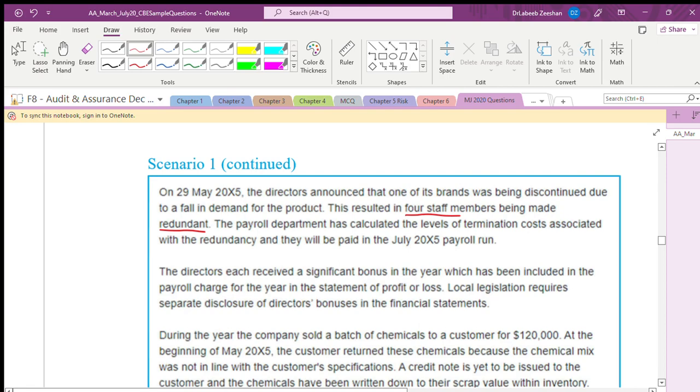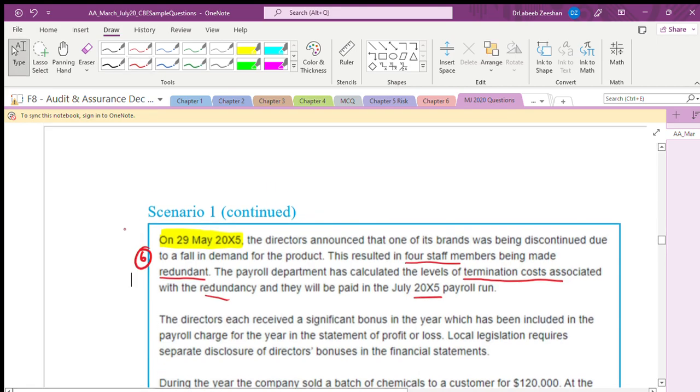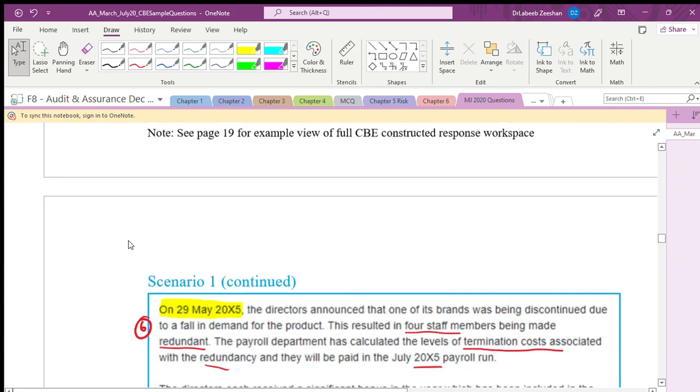The payroll department calculated the level of termination cost associated with the redundancy, and they will pay in July 2005, when the redundancy happened in May 2005. Four staff members. Again, we will cover this. It is point number 6.